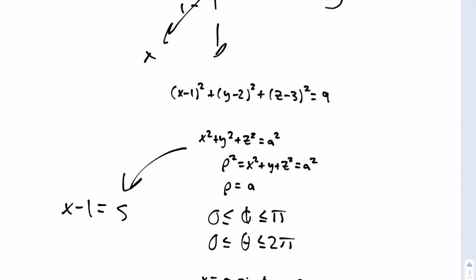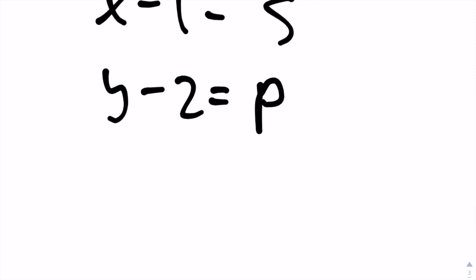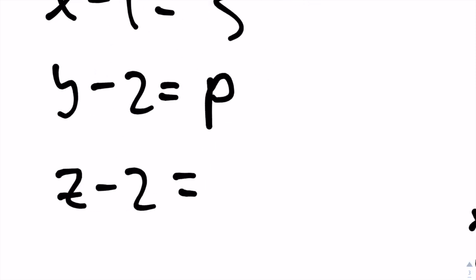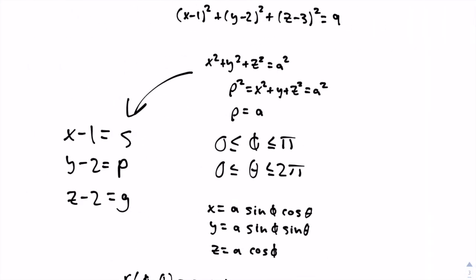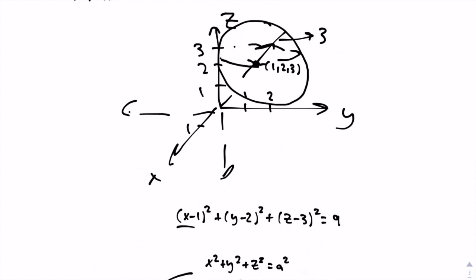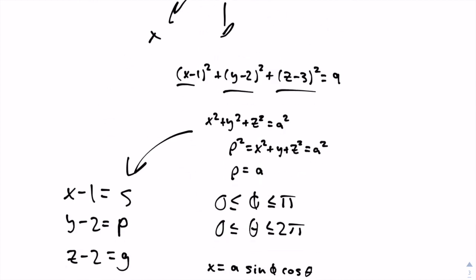We can say the y minus 2 is equal to P, and then we can say z minus 3 is equal to G. And right there, we have our rectangular equation for our sphere put into, I guess, other variables.